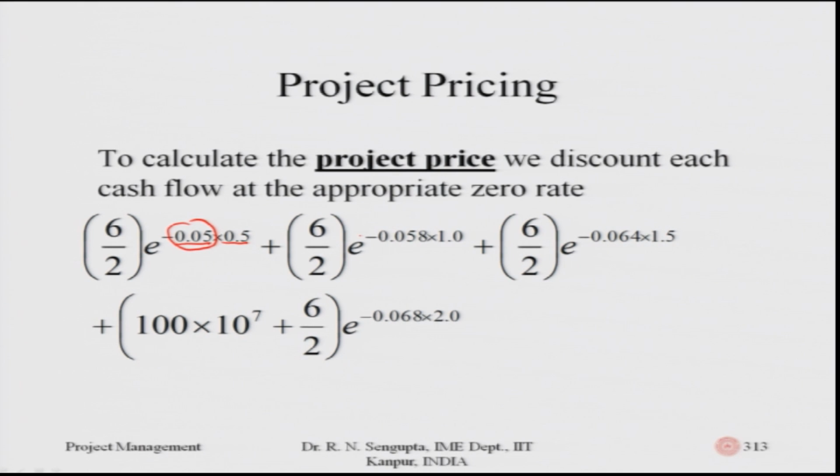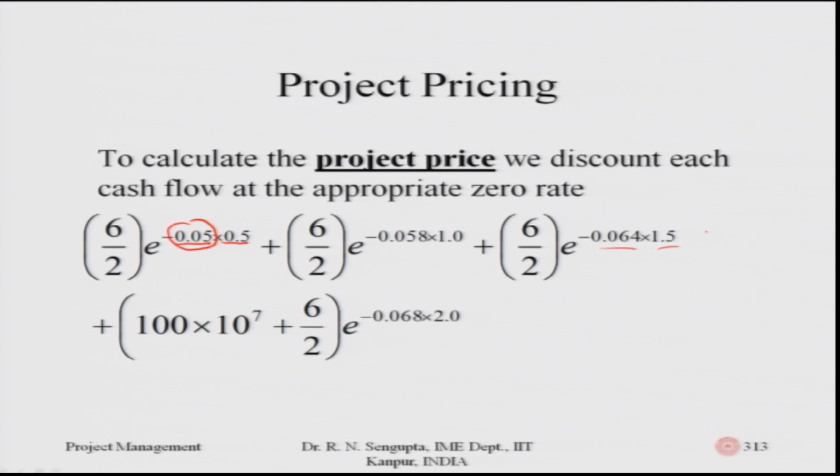Similarly, for the third term, after 1.5 years, the semi-annual concept remains true, hence it is 6 by 2, and e to the power minus, obviously minus, we know why it is minus. The interest rate is given as 6.4%, hence it is 0.064, and the time frame is 1.5 years, which is 1.5.